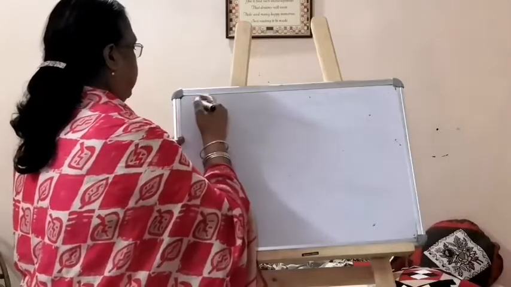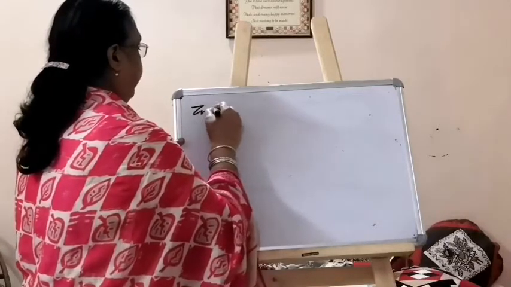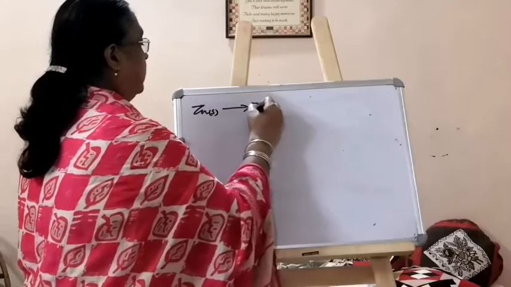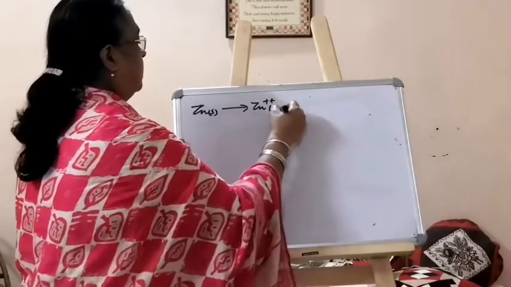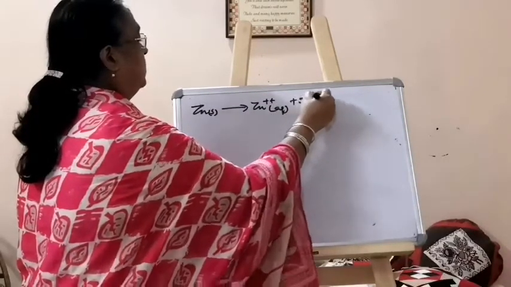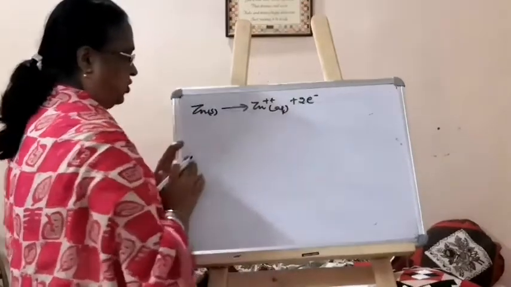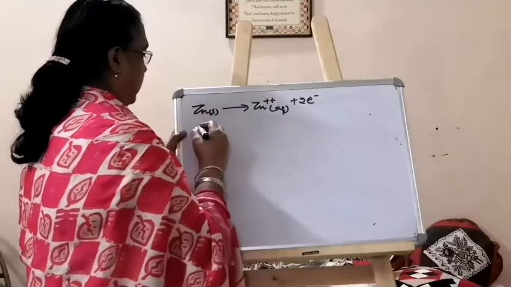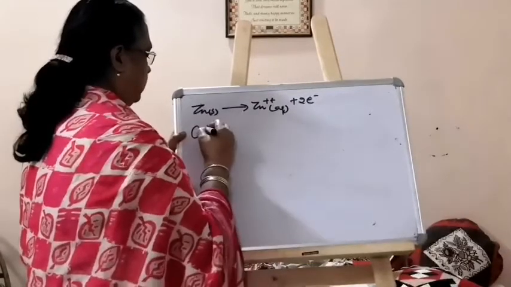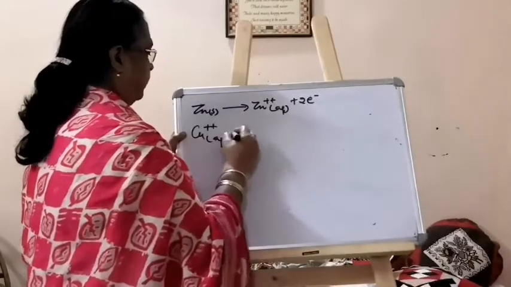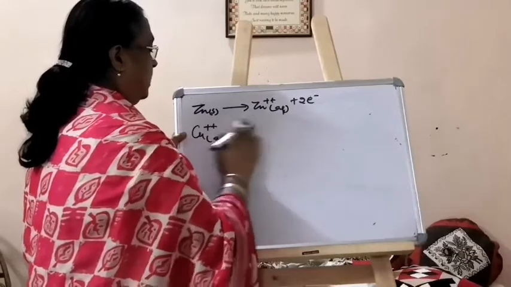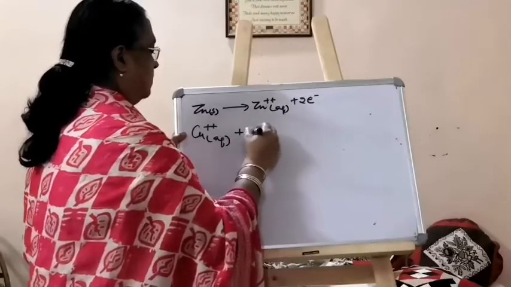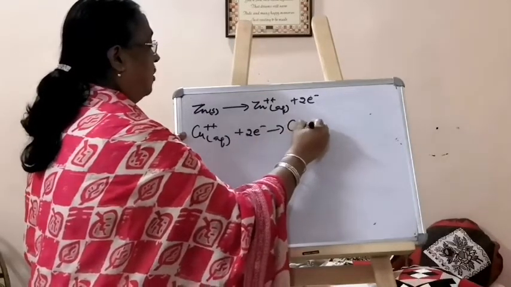is when zinc solid is turned into zinc ion by releasing two electrons. This was the oxidation reaction taking place on the left side, and on the right hand side copper ion aqueous takes up two electrons and turns into copper solid.